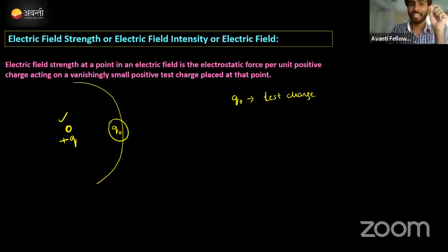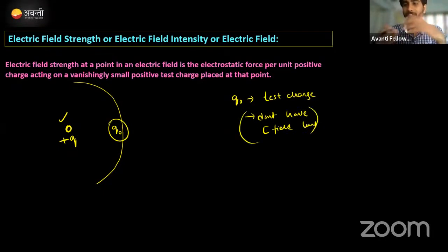Generally, we say the test charge does not have electric field lines, but that is wrong. It also has electric field lines. Every charge should have electric field lines.